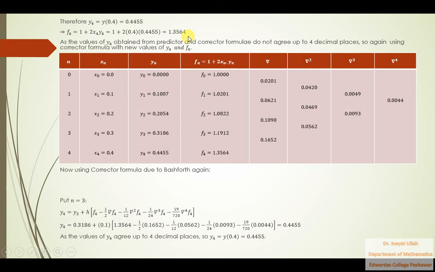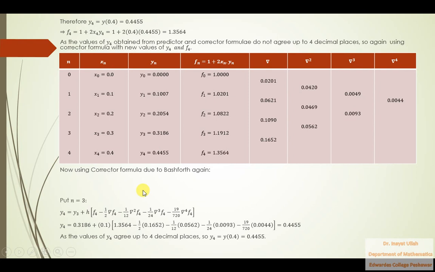You see, that is the same table, but we have replaced the value of y4 by the newer one, and the value of f4 by this new value of f4, and calculate the first difference, the second difference, the third difference, and the fourth difference.